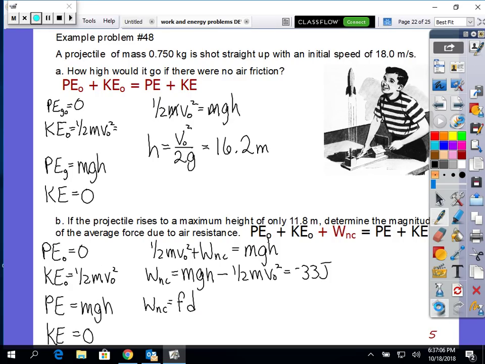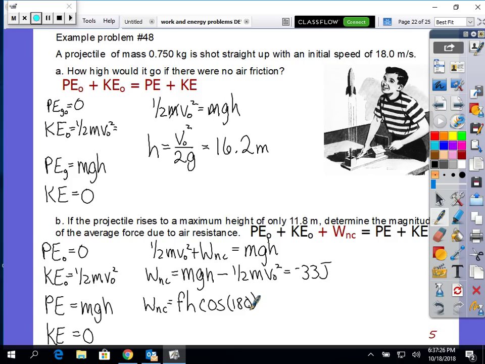So instead of d, I'm going to write an h here. That's the new height, the 11.8 meters, times cosine of 180, because remember the friction is in the opposite direction of the motion.